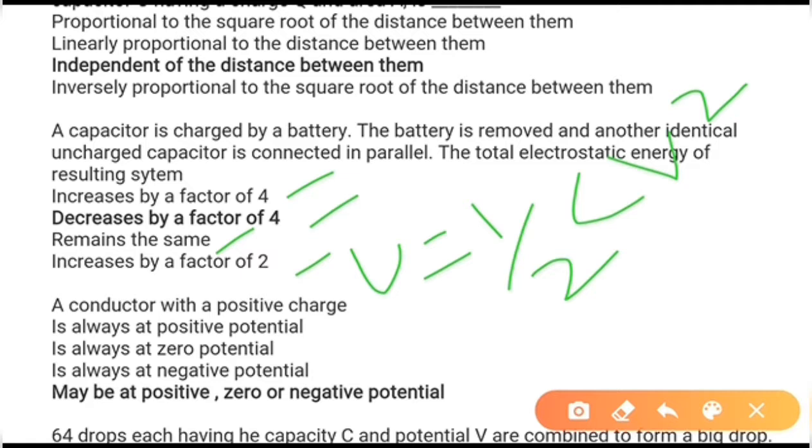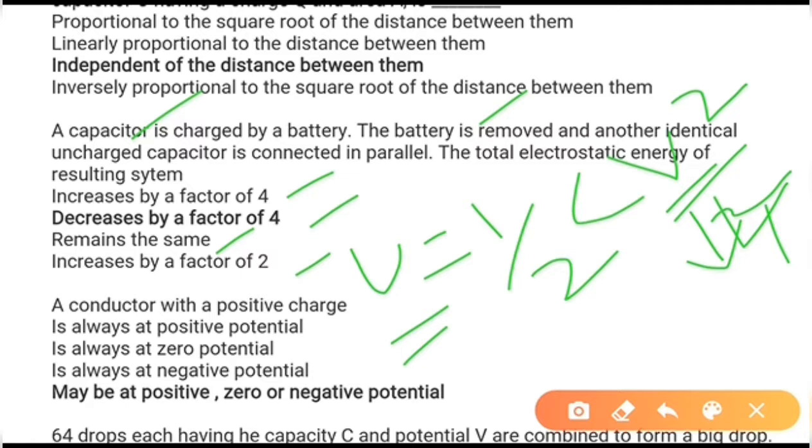If two capacitors are connected in parallel, the voltage will be divided into two halves. So the voltage will be reduced to V by 2. So for the energy, if V is replaced by V by 2, squaring V by 2 we get V squared by 4. So finally the answer: the electrostatic energy of the resulting system will be reduced by a factor of 4. So decreases by a factor of 4 is the answer.